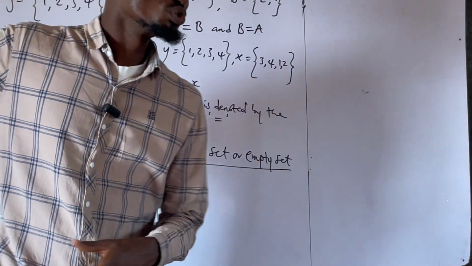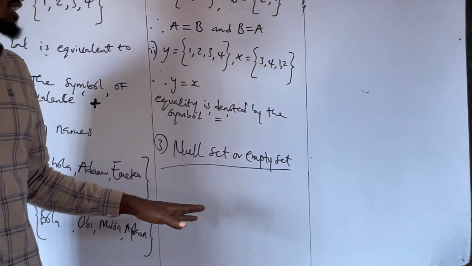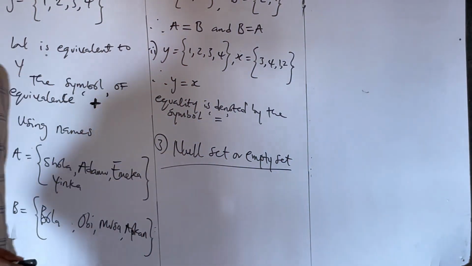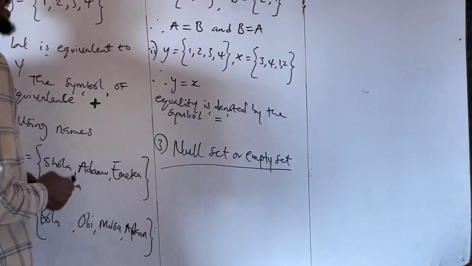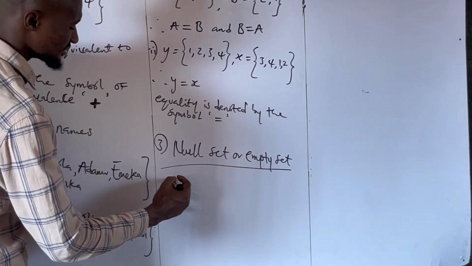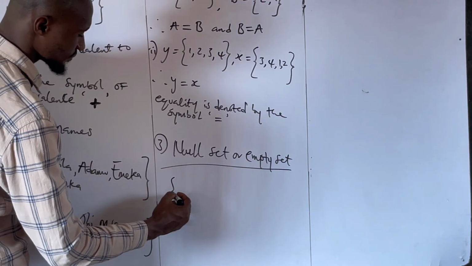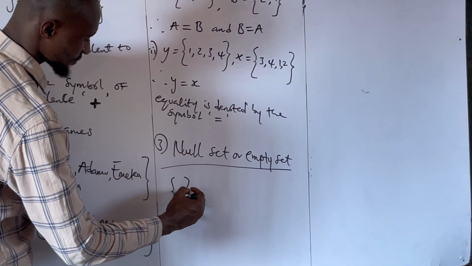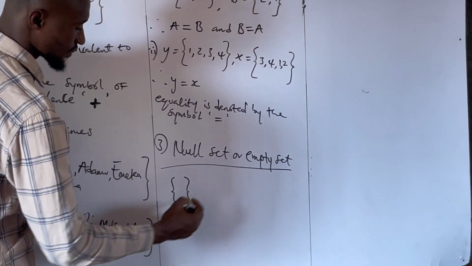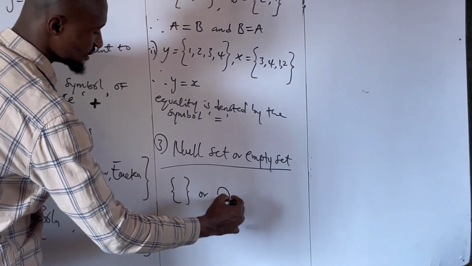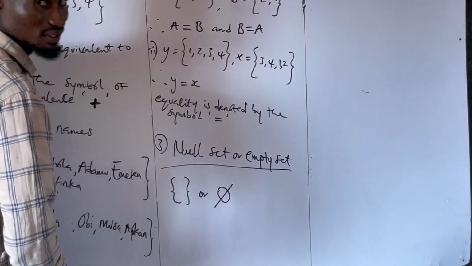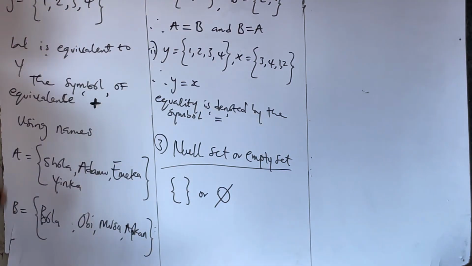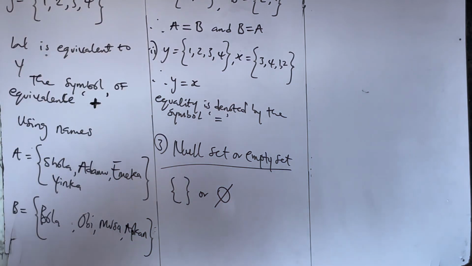So the church now will be empty. It is called what? Non-set. And it can be represented or denoted using this sign, or use this. That is for what? Empty set or non-set.